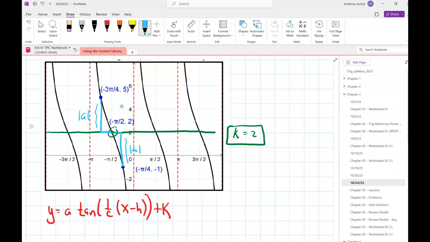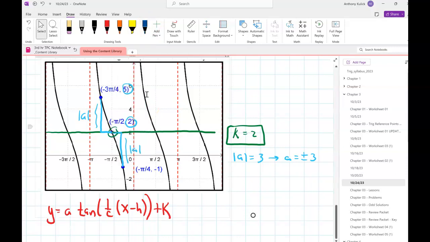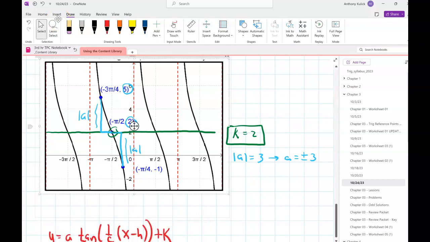Those are going to give us the absolute value of A. So if I'm going from 2 up to 5, how far did we go? 3, which would tell us that A is plus or minus 3. So far, so good.